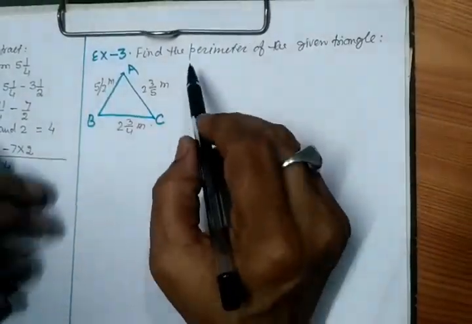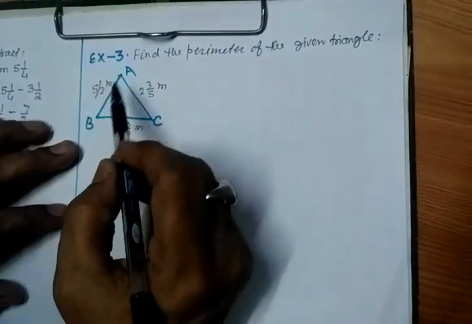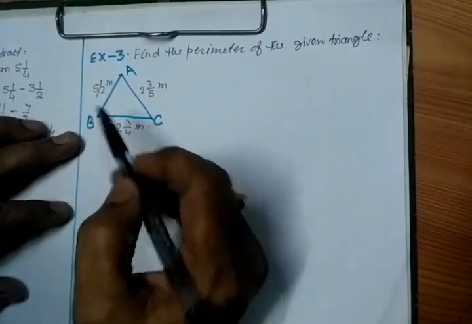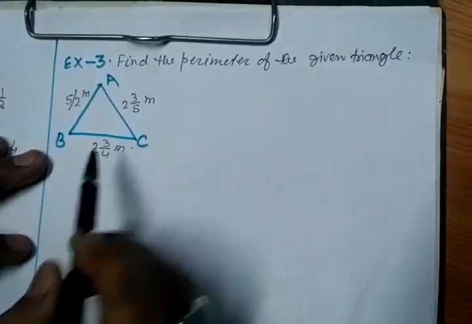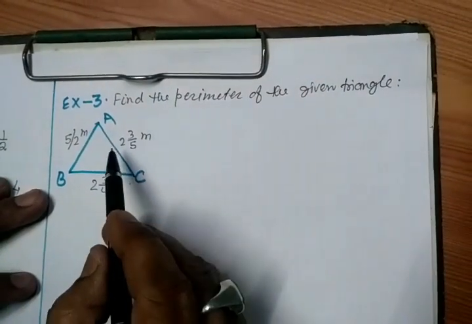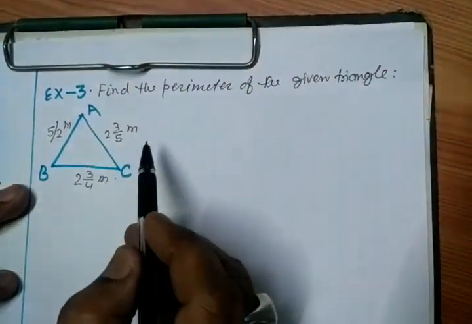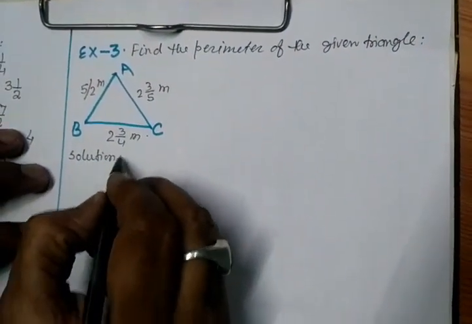Example 3. Find the perimeter of the given triangle. In triangle ABC, given AB equal to 5 by 2 meter, BC equal to 2 whole 3 upon 4 meter, and AC equal to 2 whole 3 upon 5 meter. Solution.